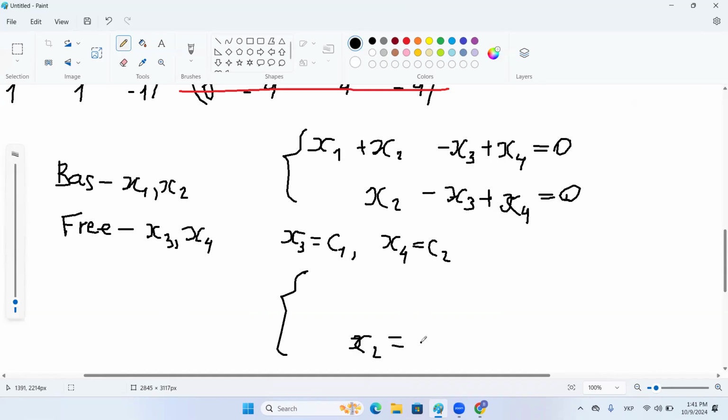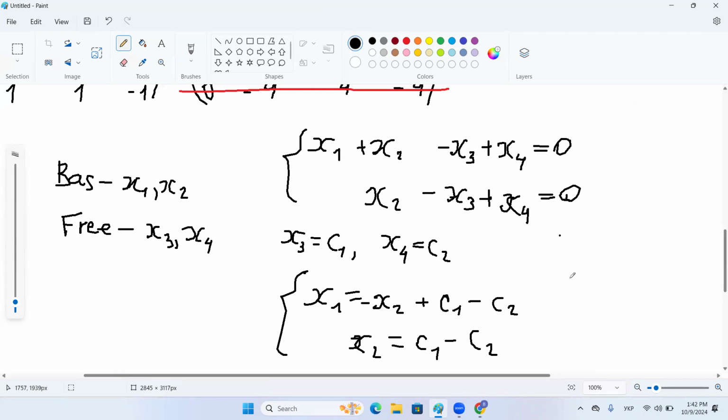So x2 equals c1 minus c2, and x1 equals minus x2, by the way, plus c1 minus c2.